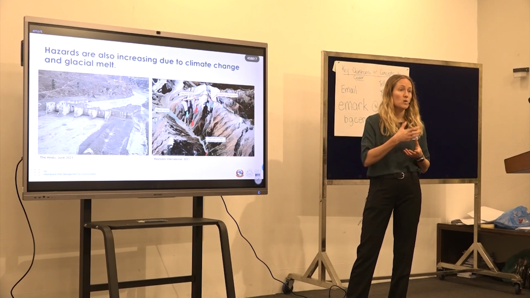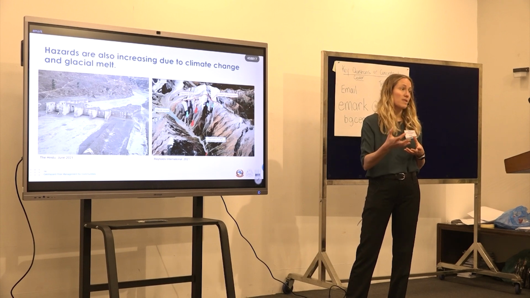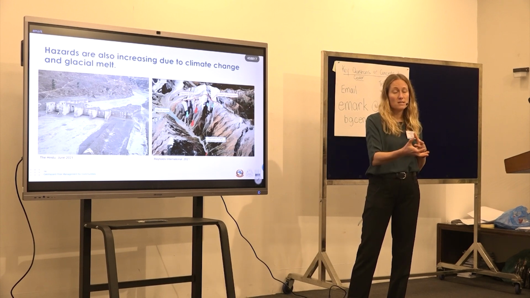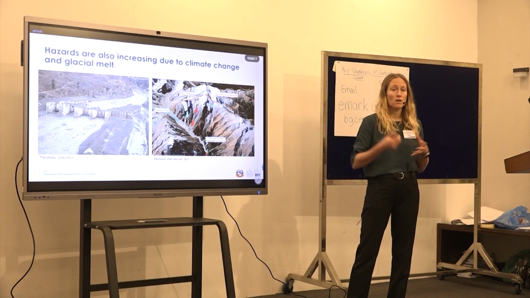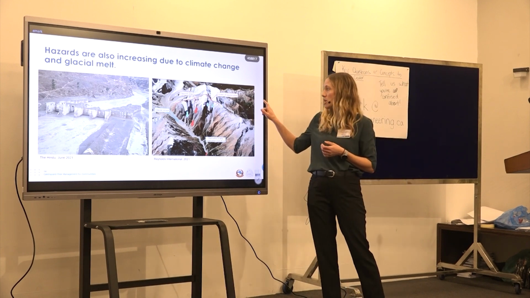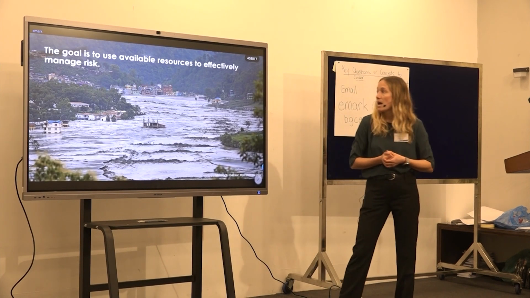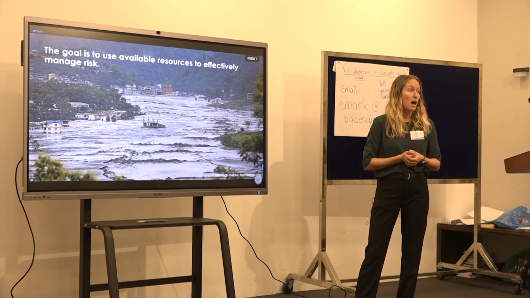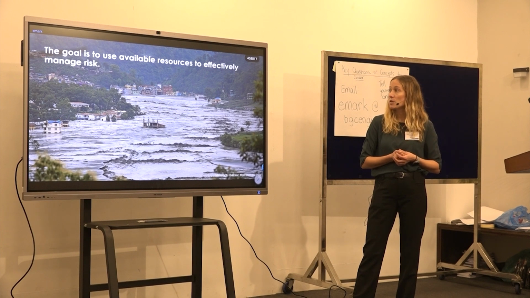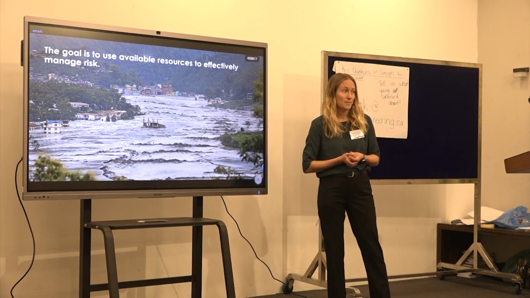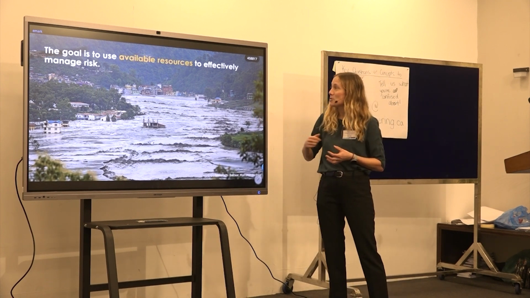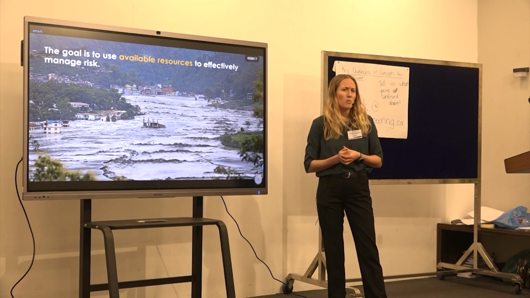So not only are communities contending with this baseline problem of risk, that risk is also increasing as the hazards change with climate change. And so our goal when we are working on geohazard risk management for communities is to use the available resources to effectively manage risk.